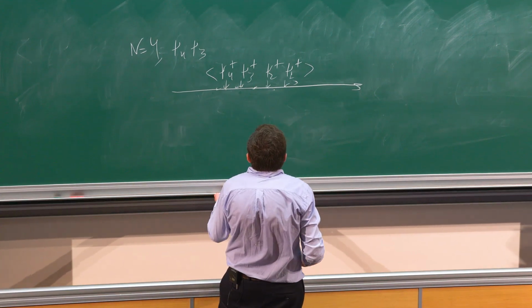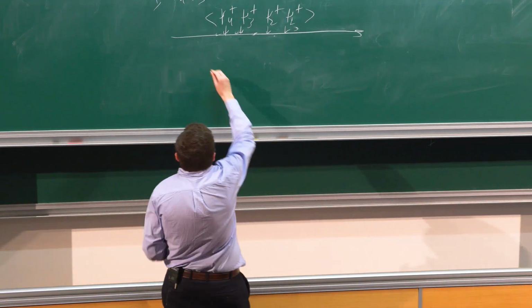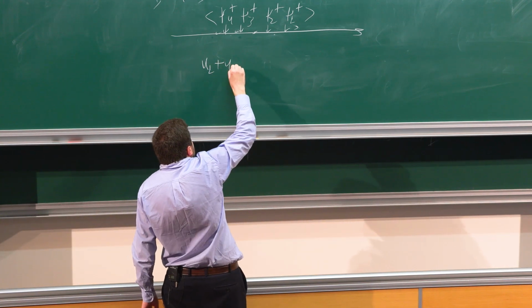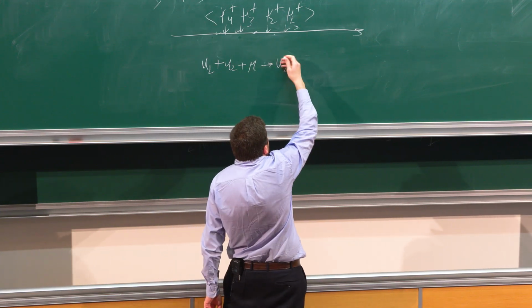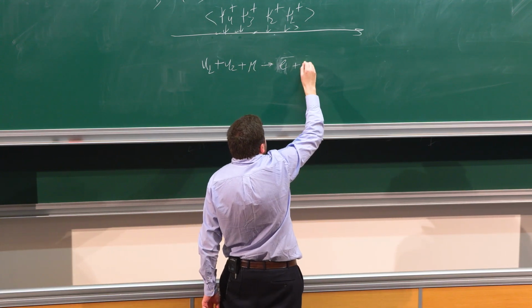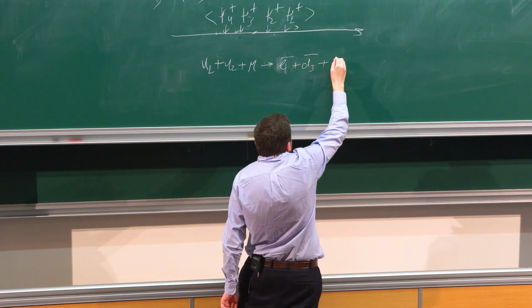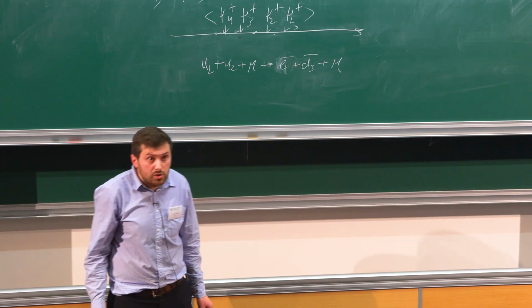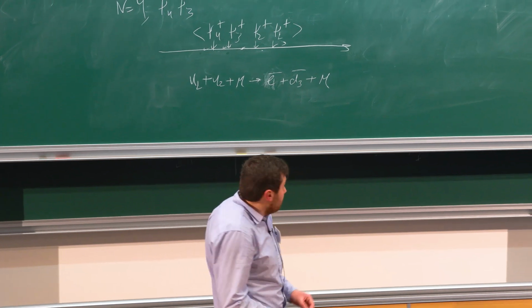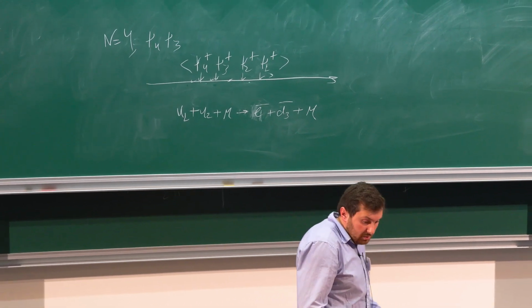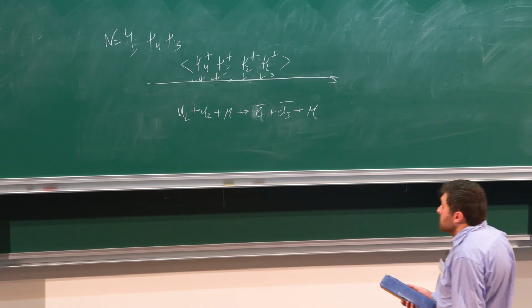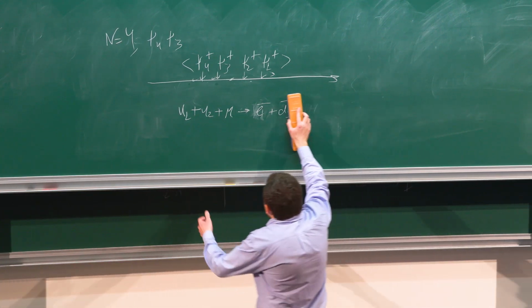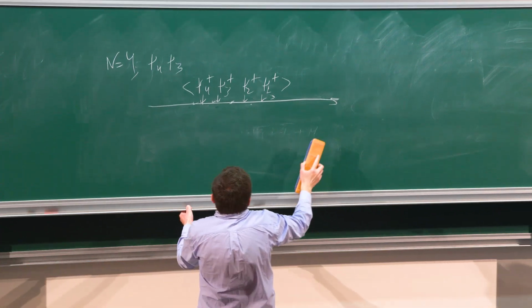If you map this back to the standard model, you will get U1 plus U2 plus M goes to U, same thing, E bar plus this E bar plus M. And this way, you can reproduce all of the non-problematic Callan-Rubakov processes. So we have an effective description of monopole-fermion scattering. Now let me go to the process where we have the semiton.